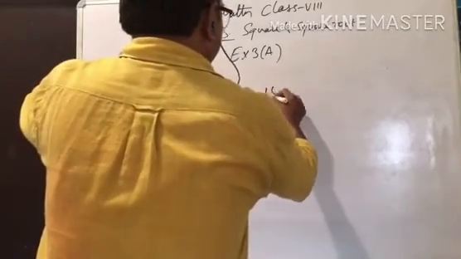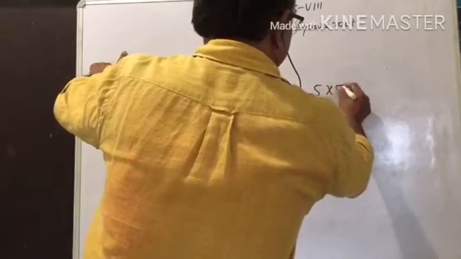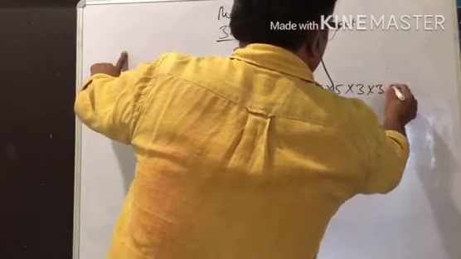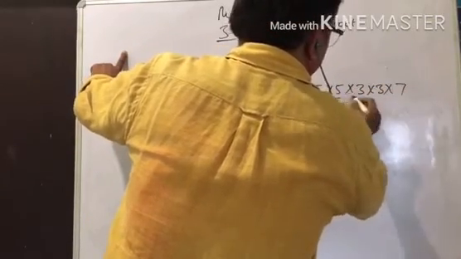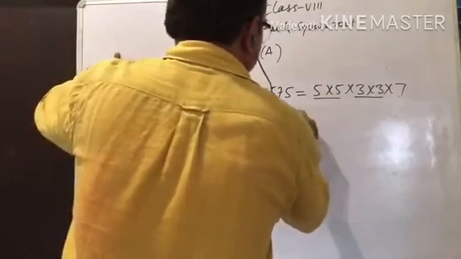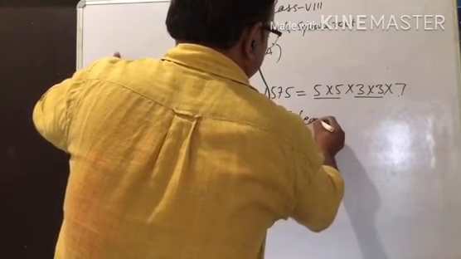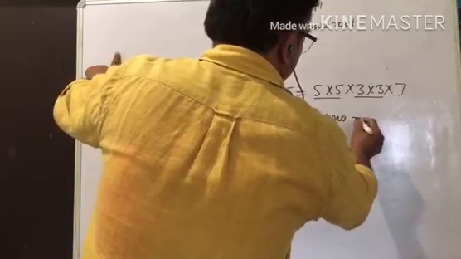Now the prime factors of 1575. We have to write like this: it is equal to 5 times 5, 3 times 3, and 7. 5 is in a pair, 3 is in a pair, but 7 is not, therefore the least number is equal to 7.